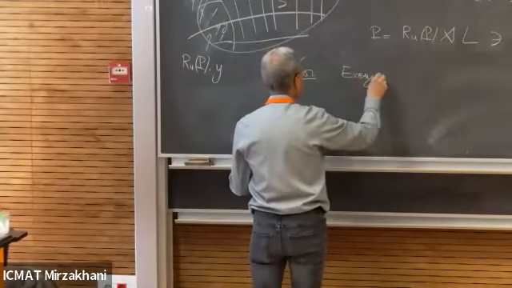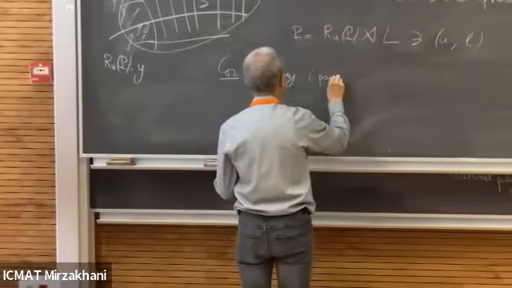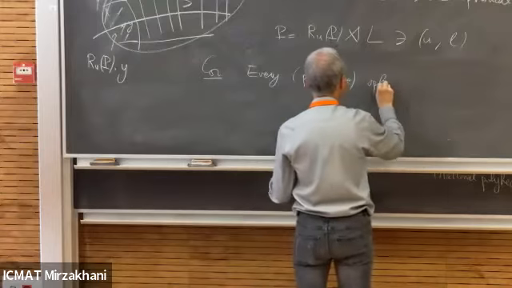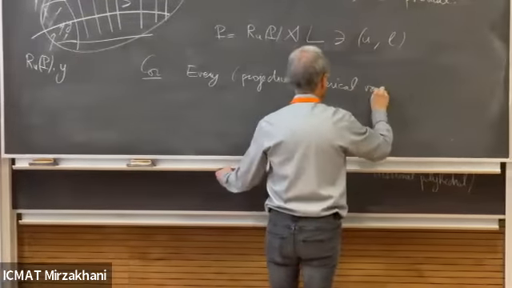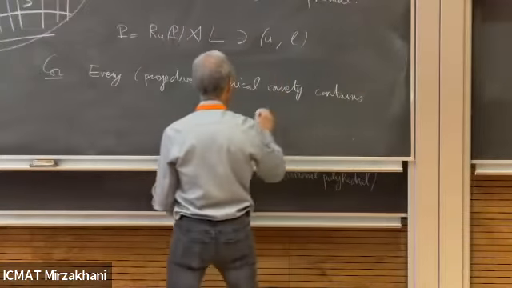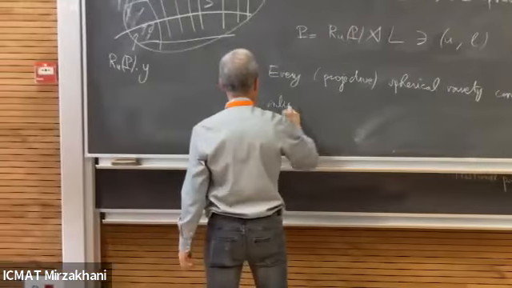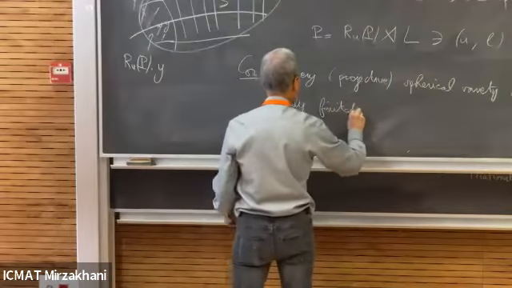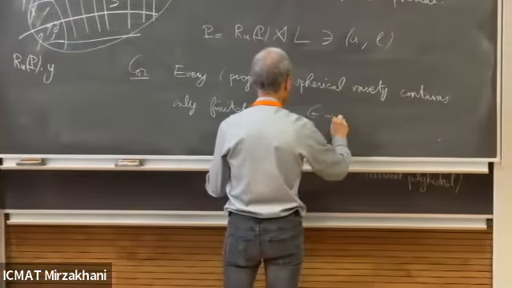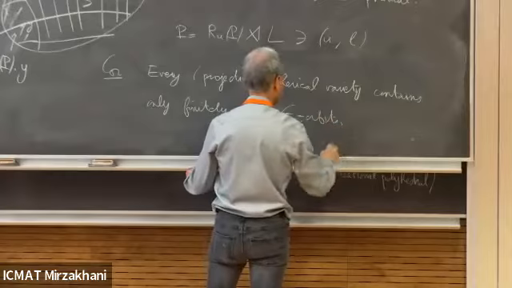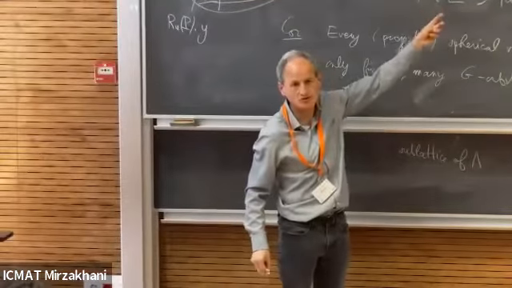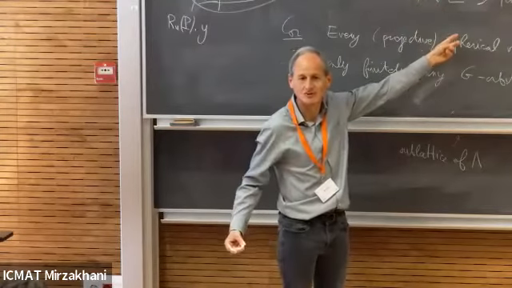every projective spherical variety contains only finitely many B orbits, because we had this for affine ones, and we just use the local structure theorem.